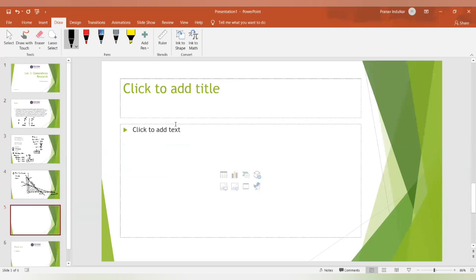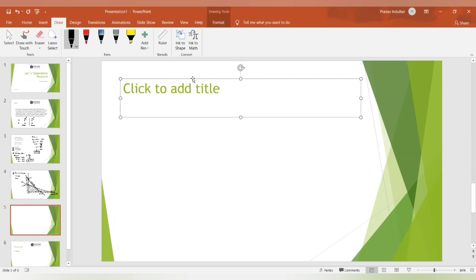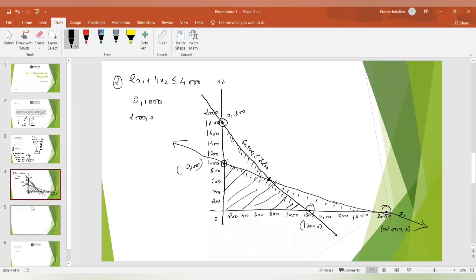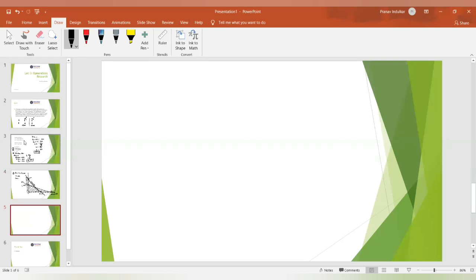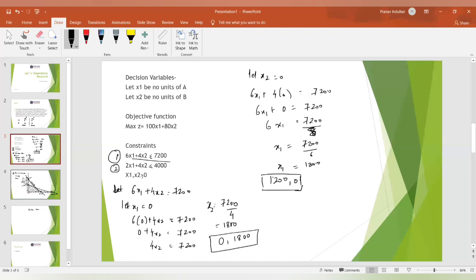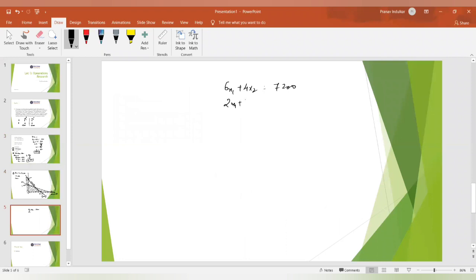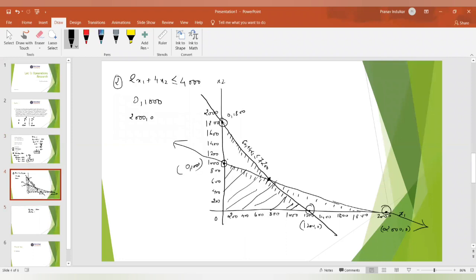Writing both the equations together first. 6x1 plus 4x2 is equal to 7200, and the second one, 2x1 plus 4x2 is equal to 4000.